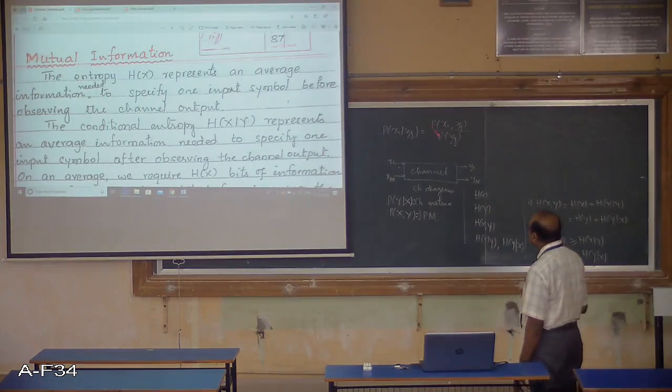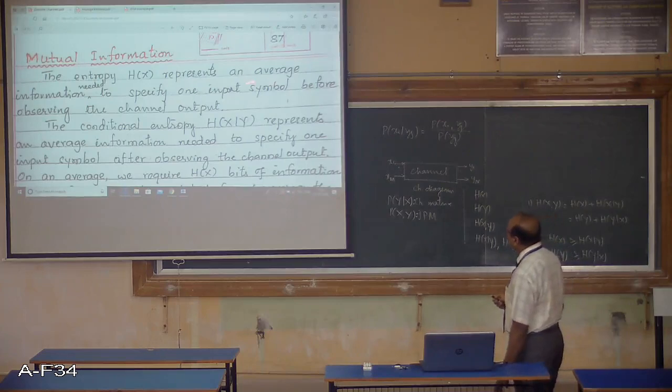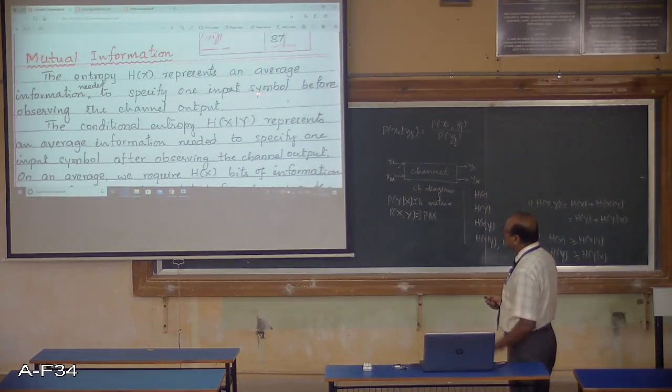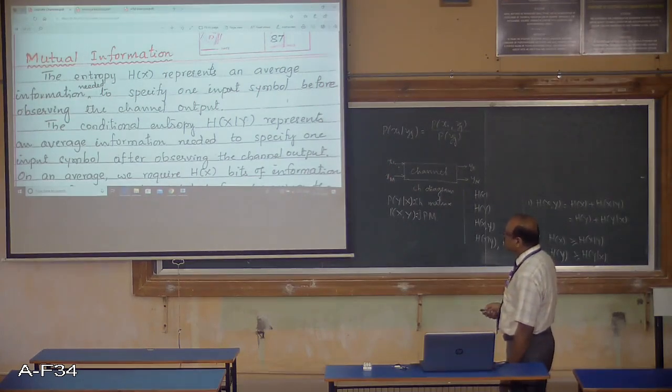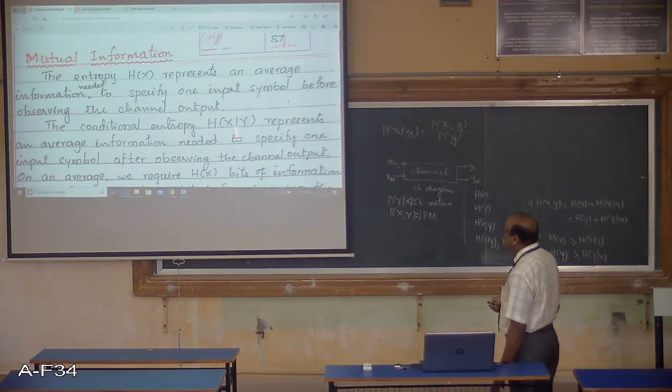Before observing the channel output, we have not yet received it. So H(X) represents average information needed to specify each input symbol before observing the channel output. This is only H(X), which is not conditional.